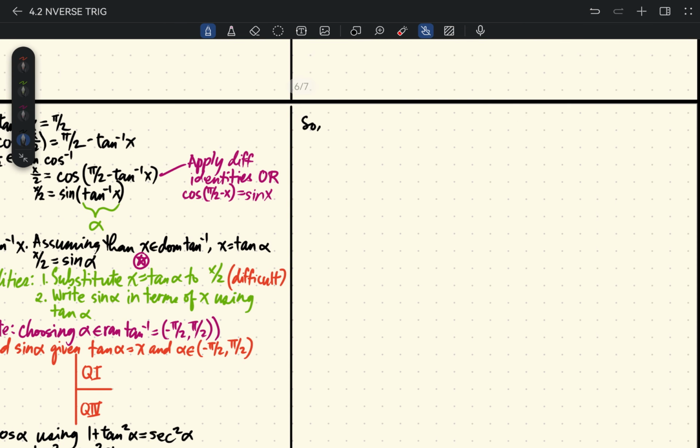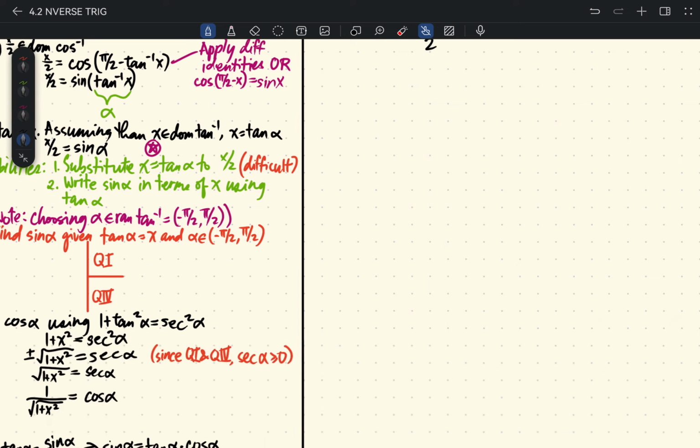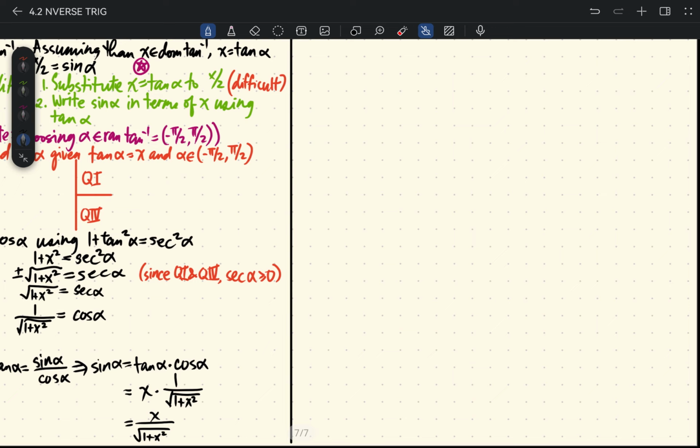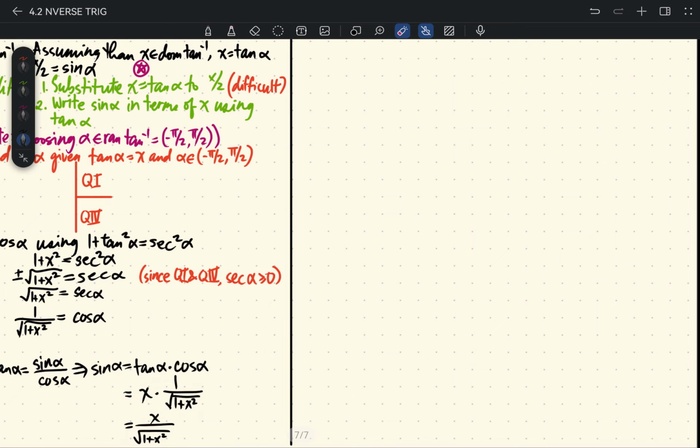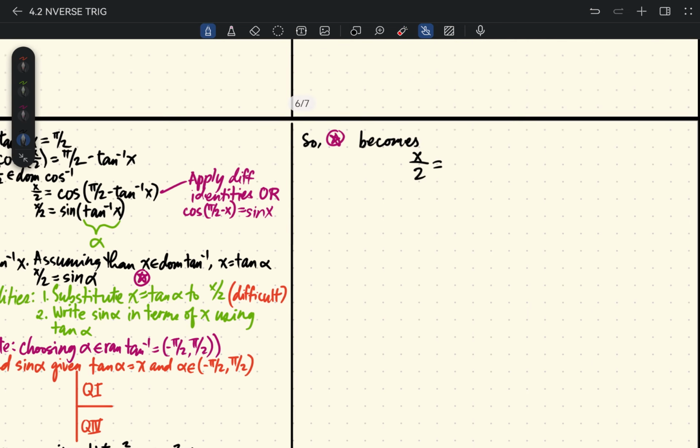So star becomes x over 2 equals sine of alpha, which is x over the square root of 1 plus x squared. And how do we solve this again? To solve this, we can employ cross multiplication. In the left side, you'll get x square root of 1 plus x squared equals 2x.